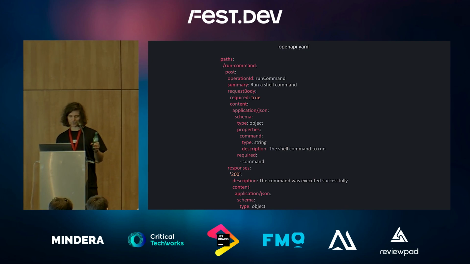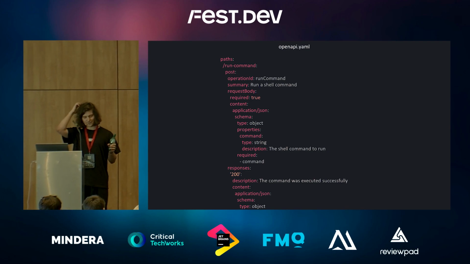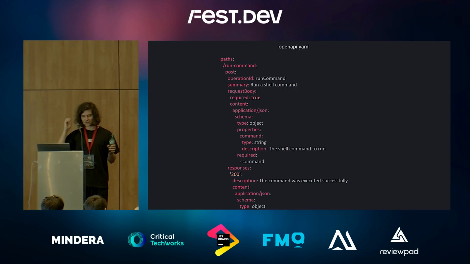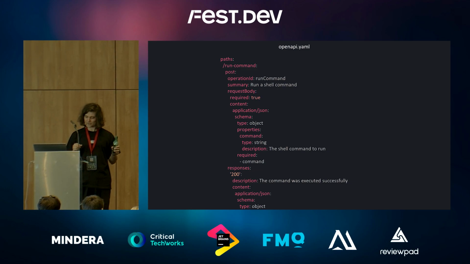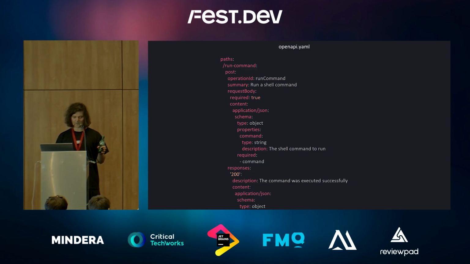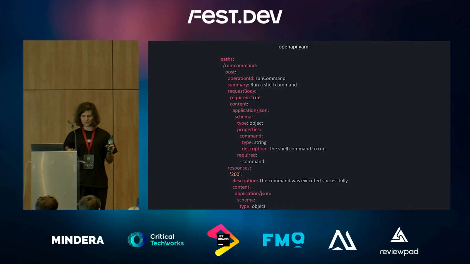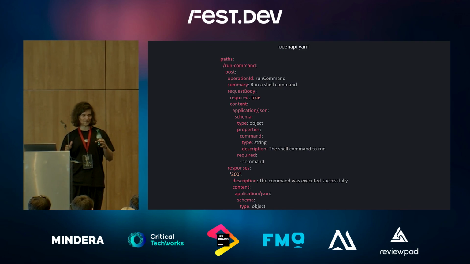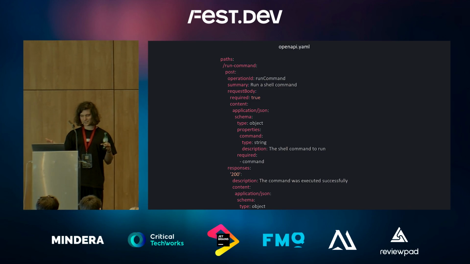For example, you can have an operation which will send a request to a run command endpoint, with the summary that it runs a shell command. So if ChatGPT sees something in context like run shell command, it will basically call this API.